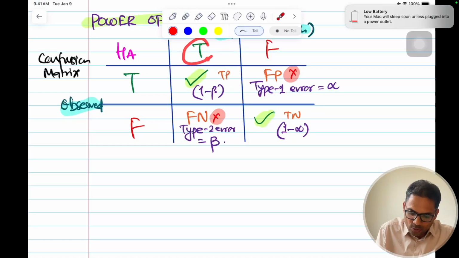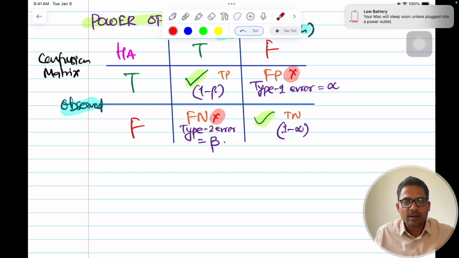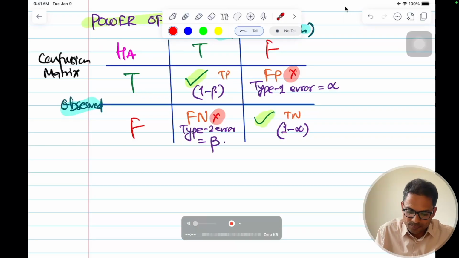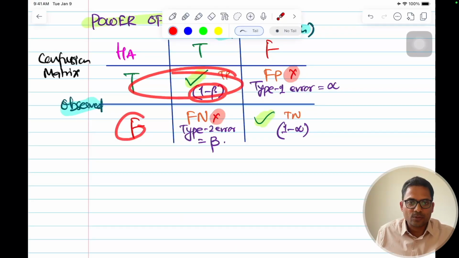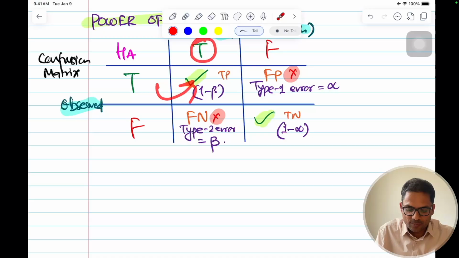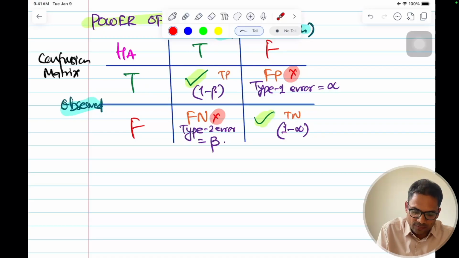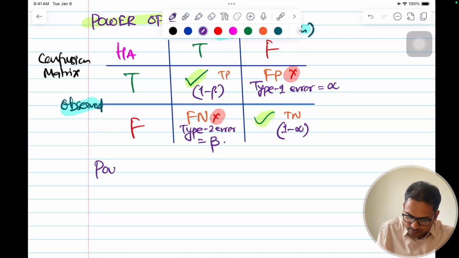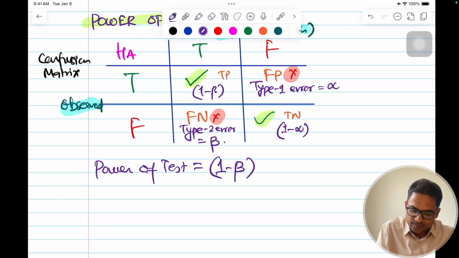If the alternate hypothesis is true and I'm predicting it as true, then this is the right thing to do. This is your power of test. That if it is true, I'm predicting it as true, then this is good. This is your power of test, simply put. Power of test is equal to 1 minus beta.